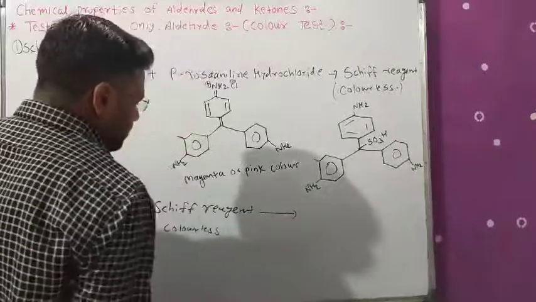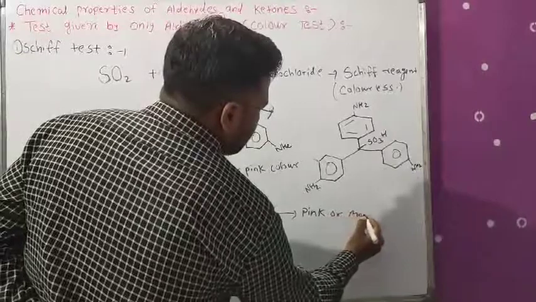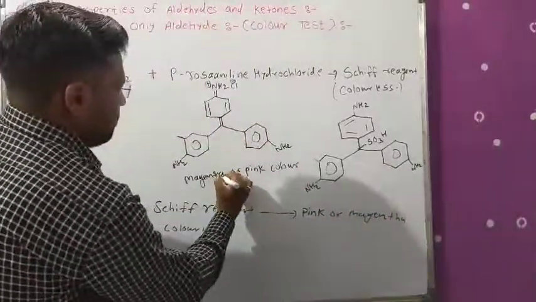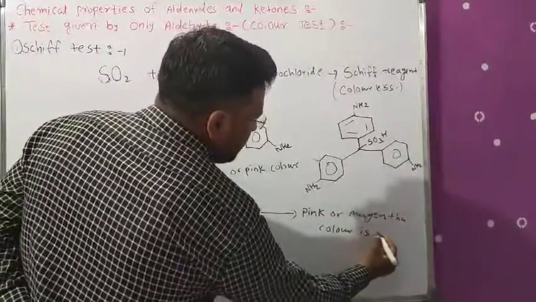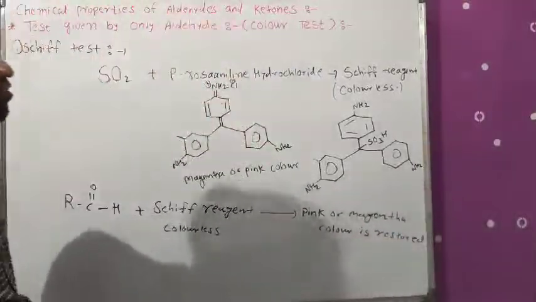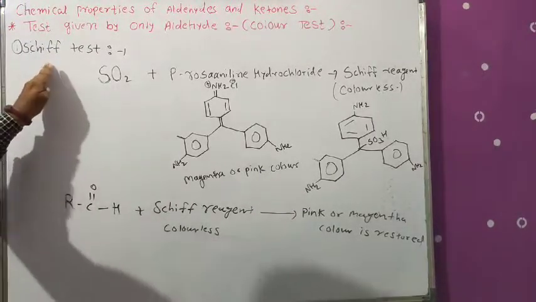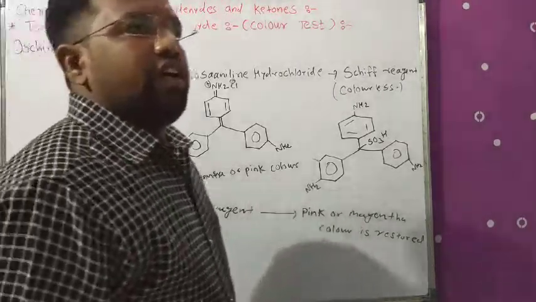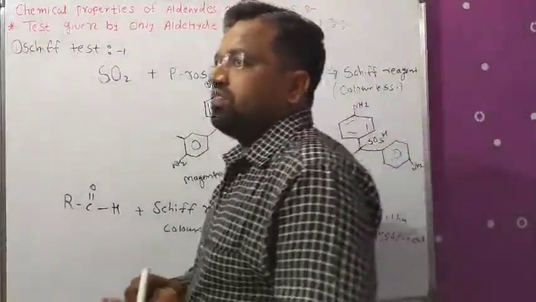Okay, the pink or magenta color is restored, it appears or is restored. Okay, so this is the color test for the aldehyde with the Schiff test, and this test gives the identification of aldehyde. Okay, now today we see the next test, that is called the Tollens reagent.